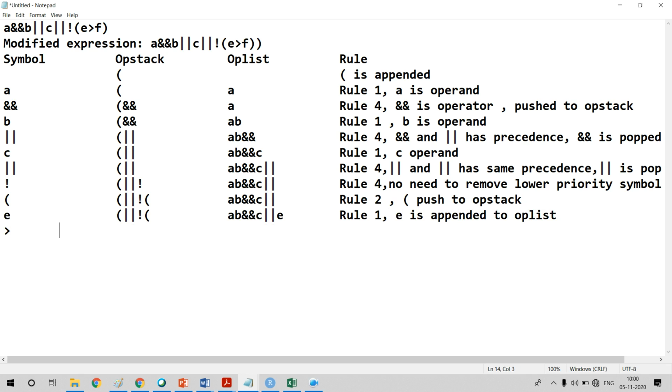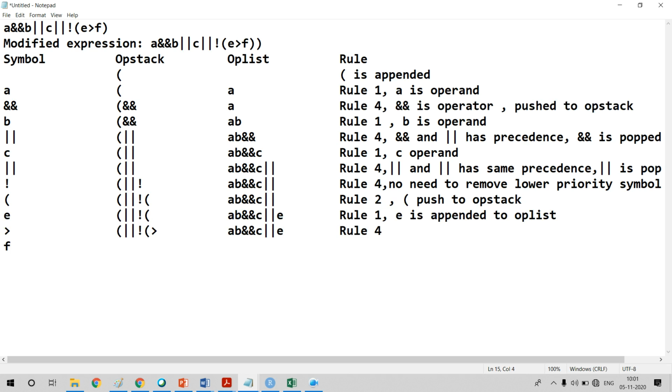The next symbol is the greater than symbol. As we don't have any more symbol inside that bracket, greater than symbol is placed there only, and the OP list is unchanged. This is as per rule number 4.